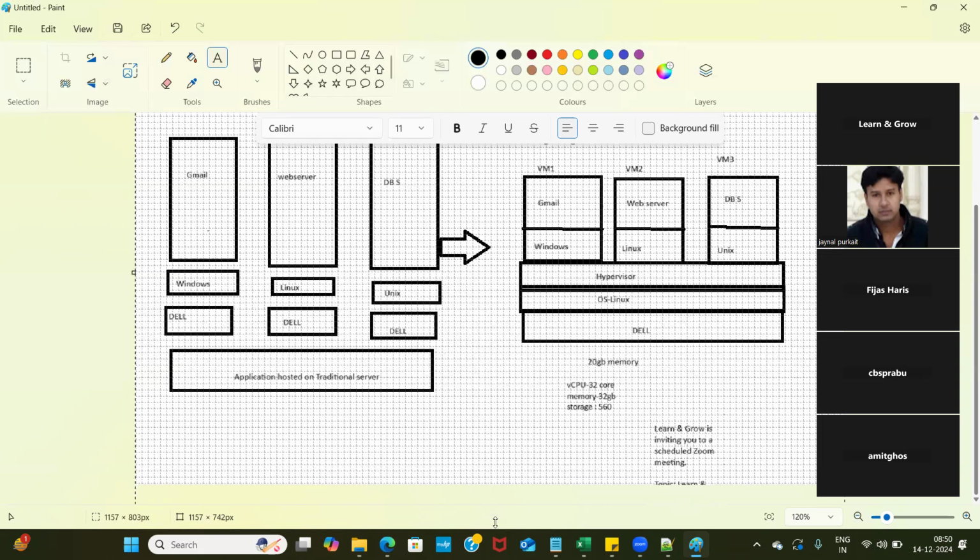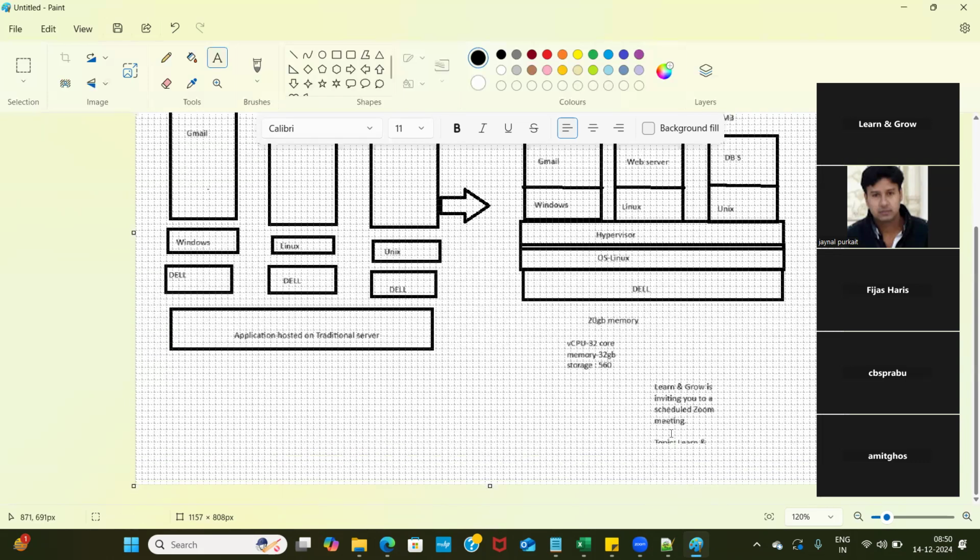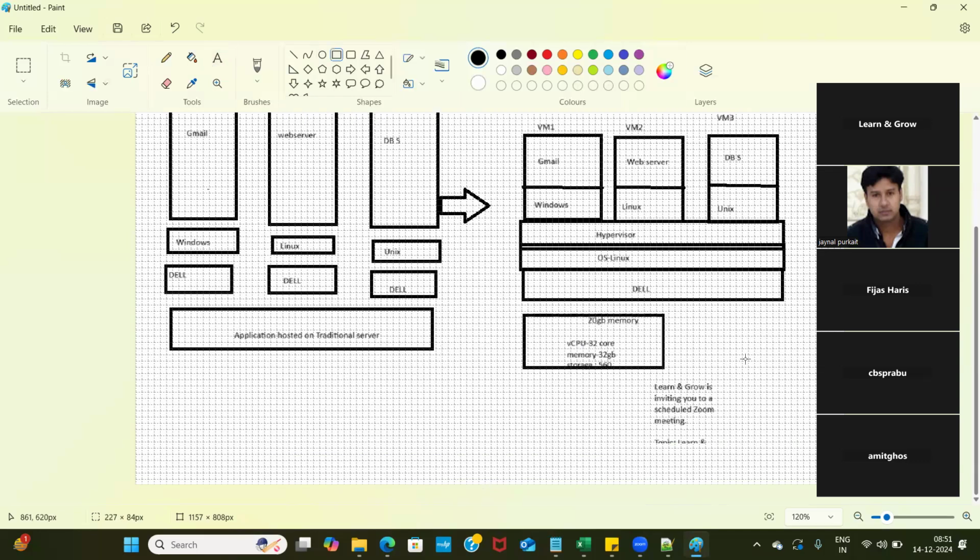Performance overhead. As it is resource sharing, it may affect the overall performance. Okay. So we got two inputs.